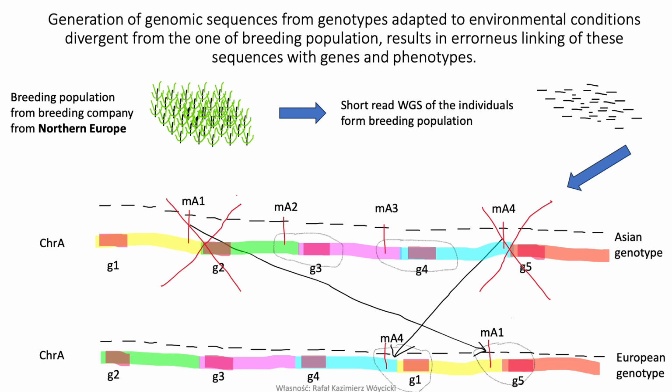So the marker on the fragment mapping on the yellow fragment is now linked to gene G5, and marker MA4 is no more linked to gene G5, but marker MA4 is linked to gene G1.